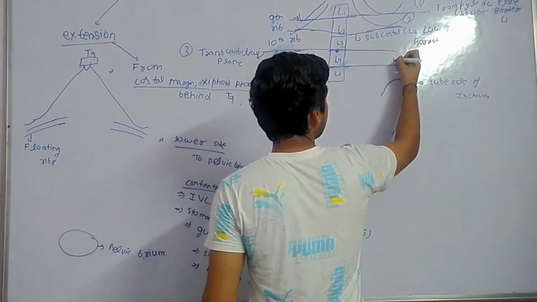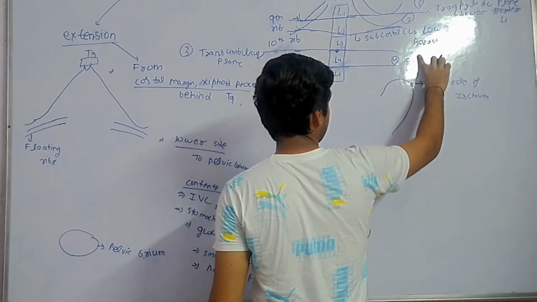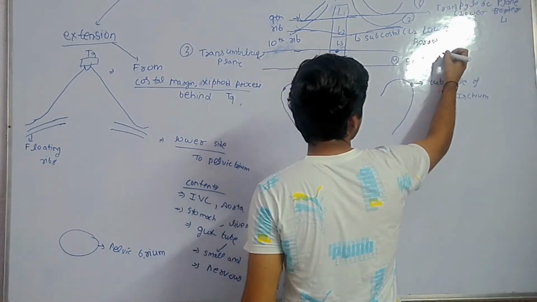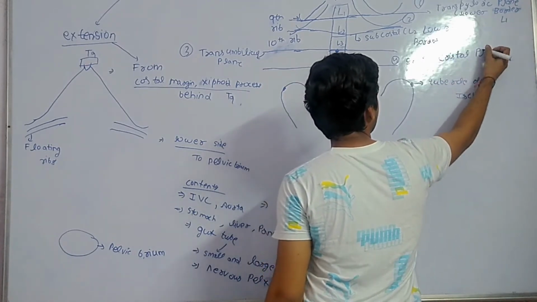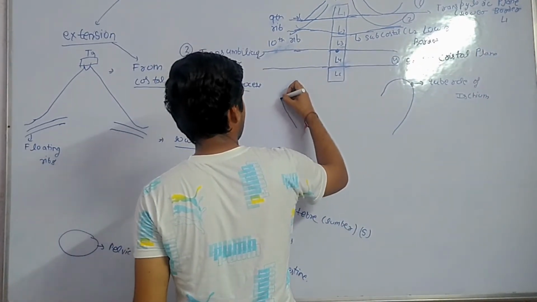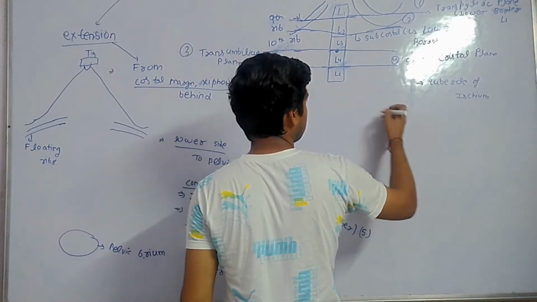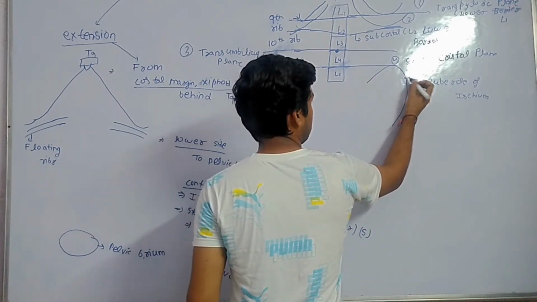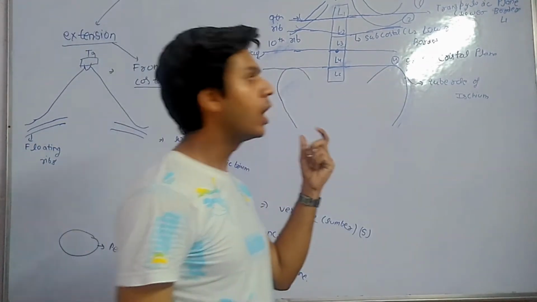Below here, this is again fourth plane. This plane is called supracristal plane. Important landmark of this, let's extend this. It passes from the highest point of the iliac crest.